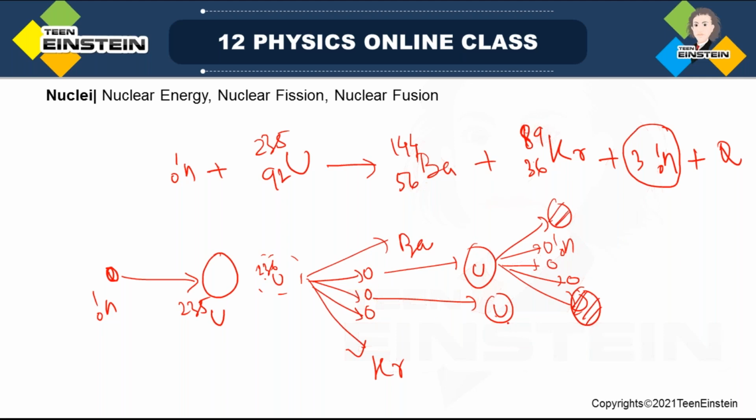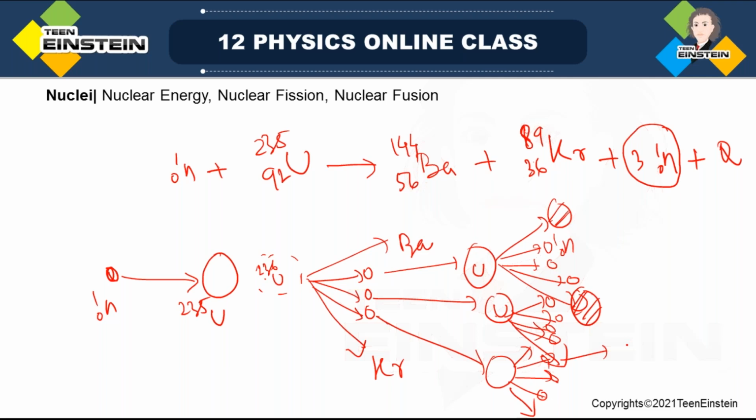This neutron will hit another uranium, and that also produces a product and 3 neutrons, and this one also will create another set of 3 neutrons. There will be products here too, and these neutrons again can take part in the reaction, and this is how a chain reaction happens.